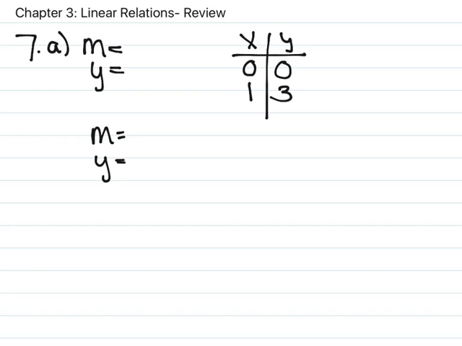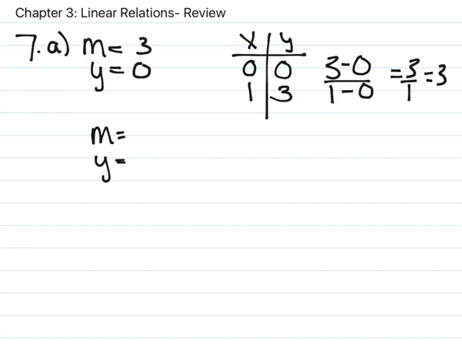For your rise, which is in terms of y, we've gone from 0 all the way up to 3. And for the run, which is the x values, we've gone from 0 to 1. So that's the same as 3 over 1, so your slope is 3. Your y-intercept is when the x value is 0, so that is 0, which I just pulled straight from the table.